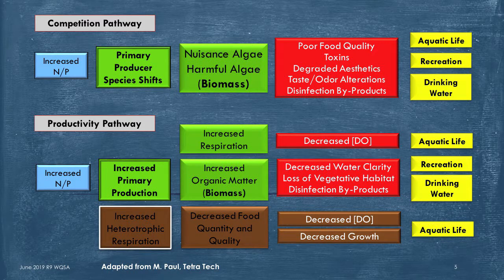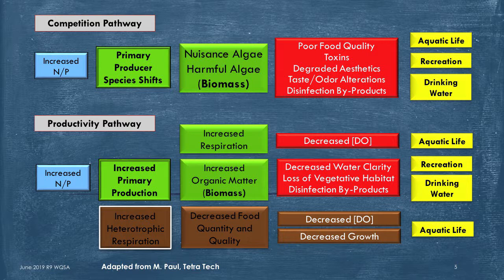So there's really two ways that we think of nutrients affecting aquatic life uses. Let's go to the productivity pathway, because this is the one most common that folks think about. Increased nutrients increase primary production, you get respiration, you have a bunch of biomass, which leads to sags in DO.